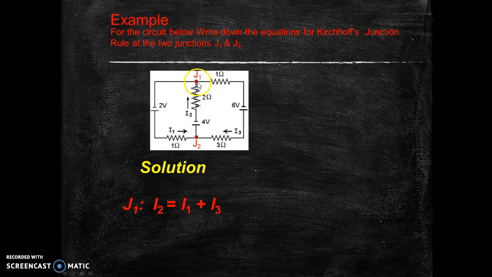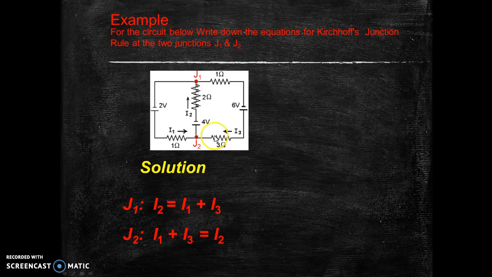I3 is also flowing out of this junction all the way around and then combines with I1 to form I2. Therefore, for junction number 1, Kirchhoff's rule is I2 equals I1 plus I3.